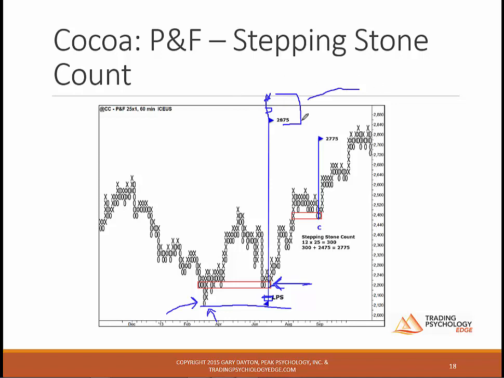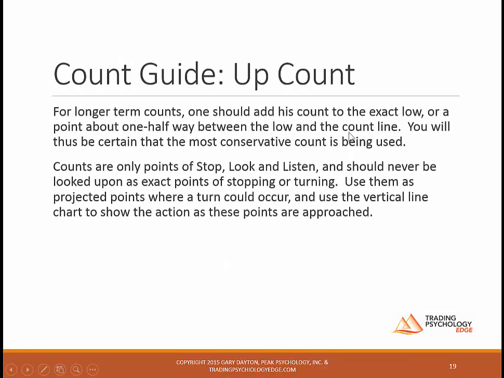Okay? That's basically what he's saying here. I have not really found doing this to be all that helpful, but it's there if you want to try it. I like to be conservative, and I always use the most conservative count. Okay?